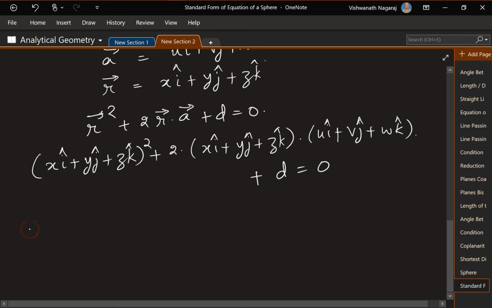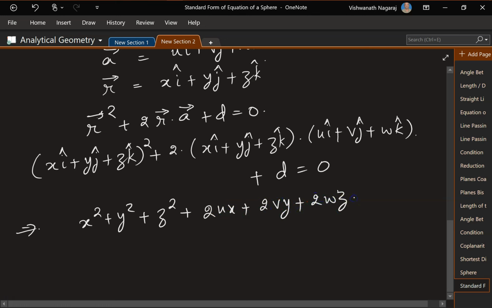Now when we simplify it, this becomes x square plus y square plus z square plus 2ux plus 2vy plus 2wz plus d equal to 0.